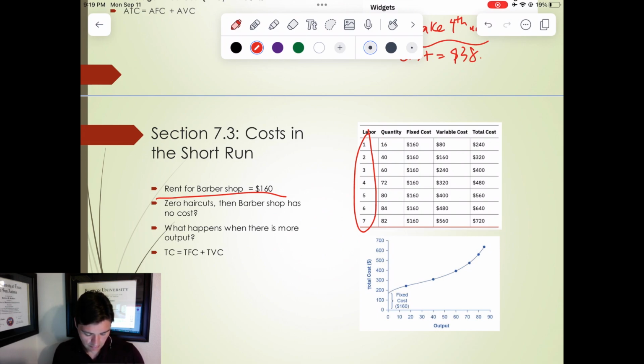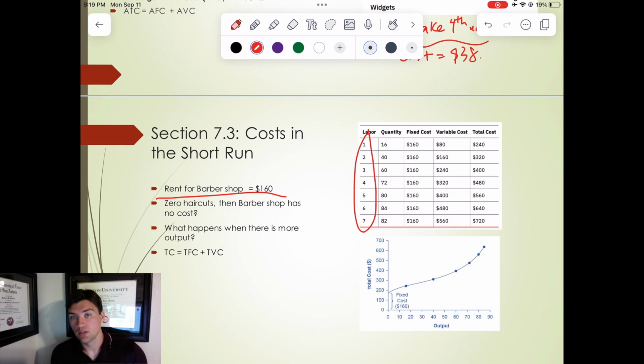So if we had 0 haircuts, then what is the cost? Okay, let's think about it. If you had your shop and everything, but nobody's coming in, you're not having to pay for the soap, or the extra electricity to run the clippers or anything like that.